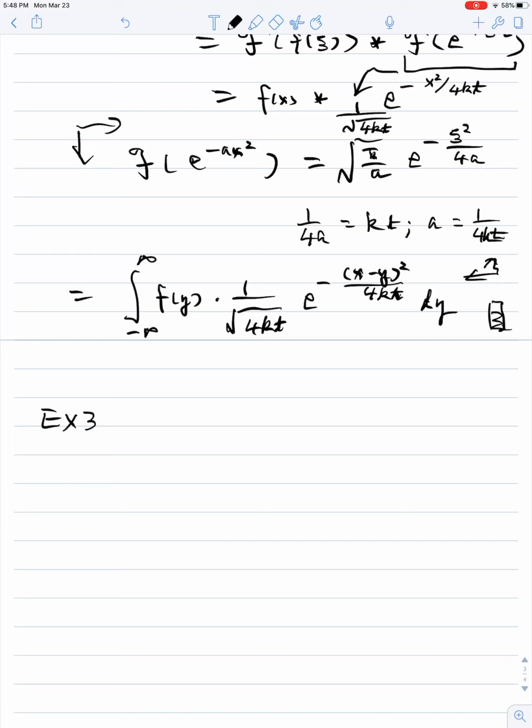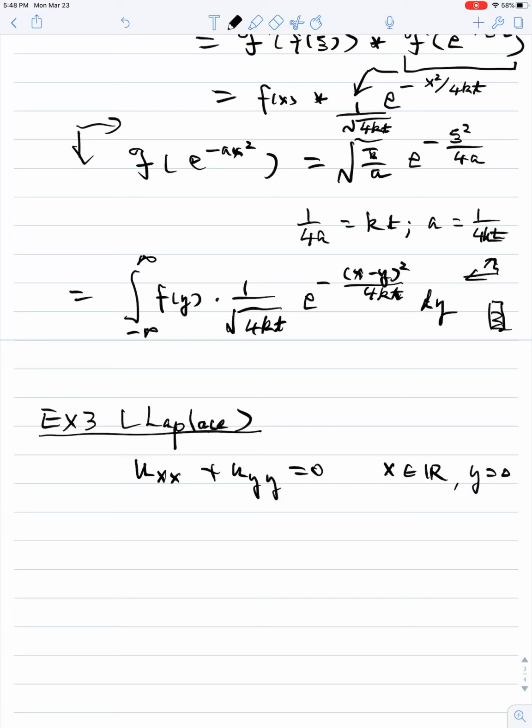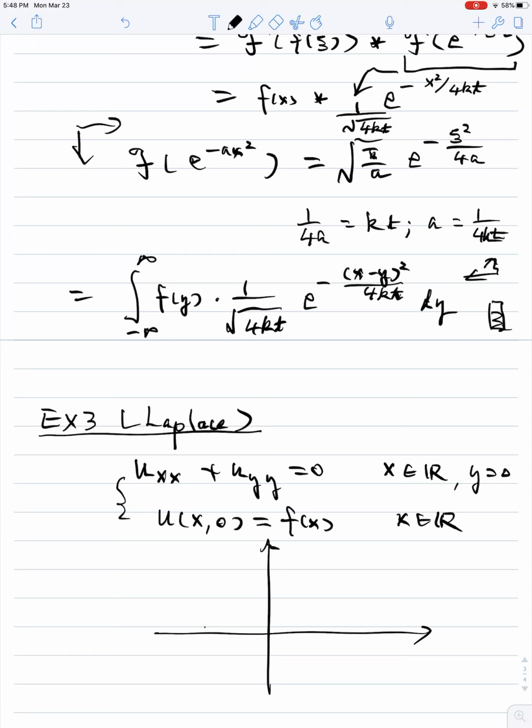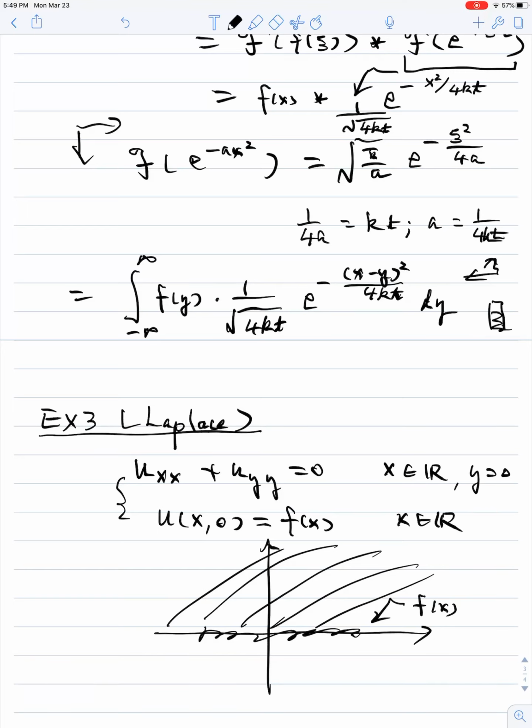In this case, we look at the Laplace equation on the upper half plane: u_xx plus u_yy equals 0, where x is in R and y is greater than 0, and the boundary condition is u(x,0) equals f(x), where x is in R. So on the boundary the function is f(x), and we are solving this equation on the upper half plane.